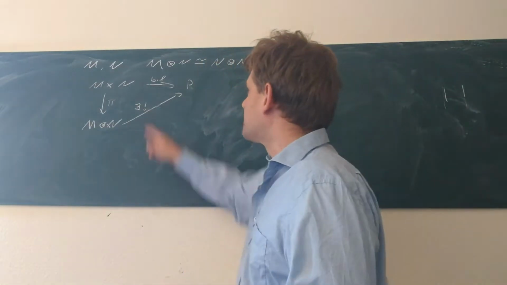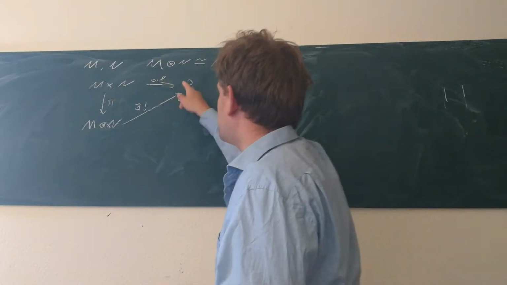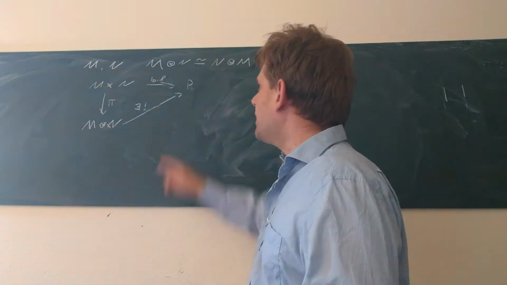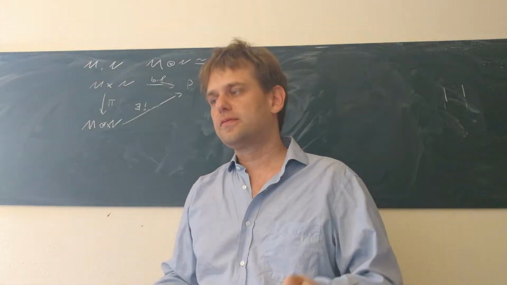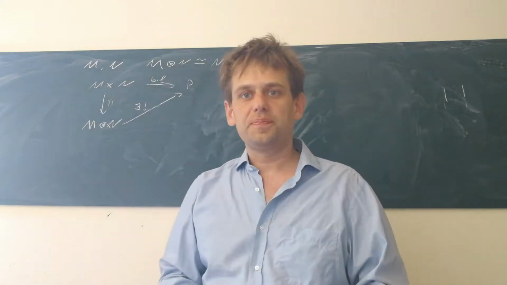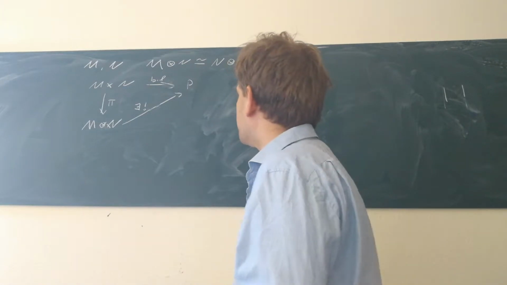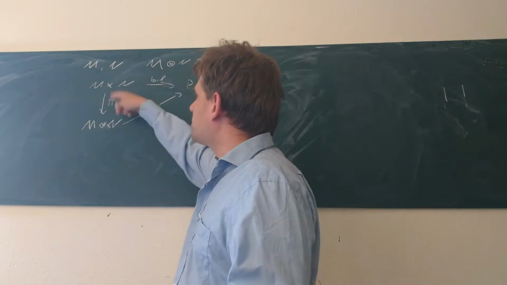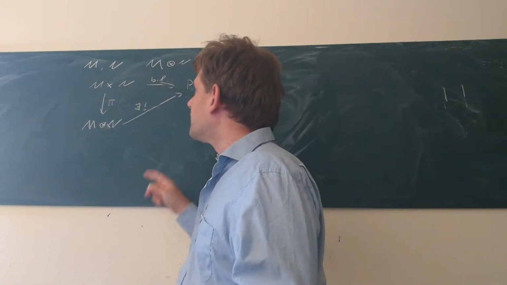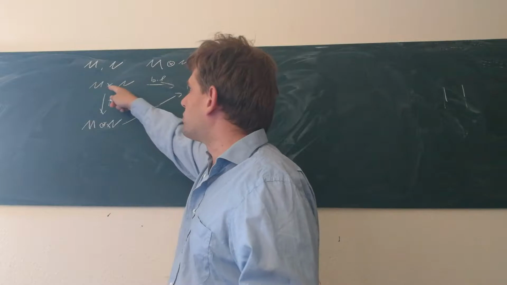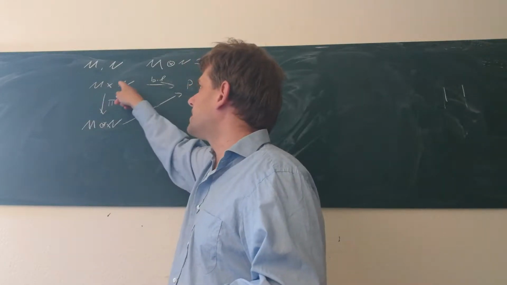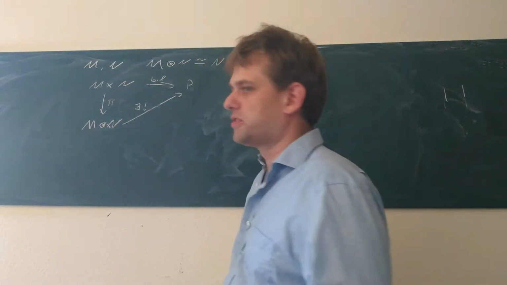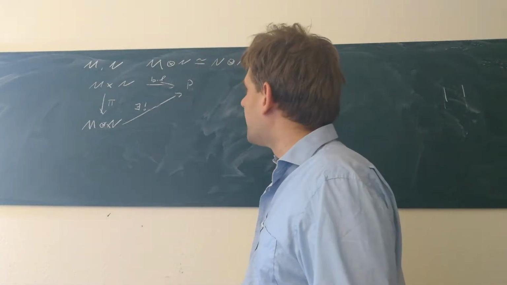So we have this map bil from M cross N to P, and P is of course another module or another vector space, depending on your preferences. And then the universal property of the tensor product said the following. First of all, you can project this space M cross N onto the tensor product by a projection map, which I will call pi.